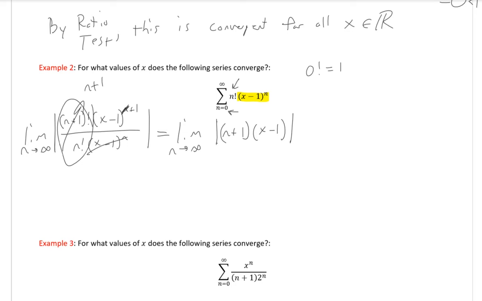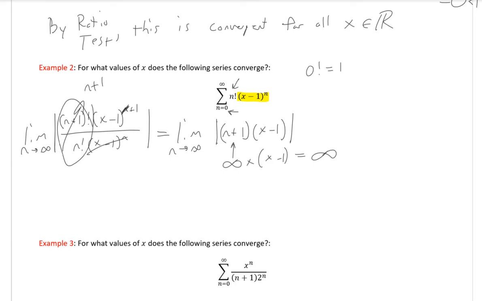And note that we're considering what happens as n approaches infinity. Well, as n approaches infinity here, we technically have infinity multiplied by x minus 1, which, for most values of x, is going to go to infinity.